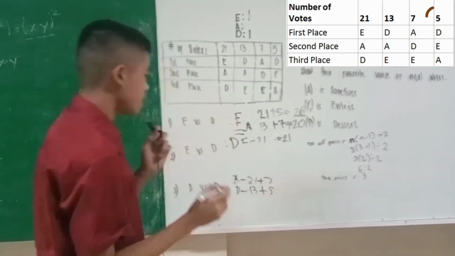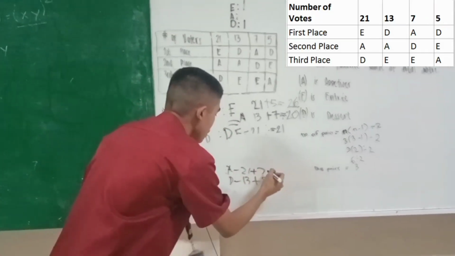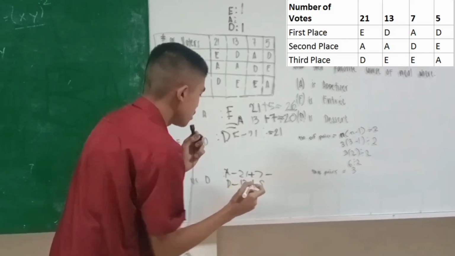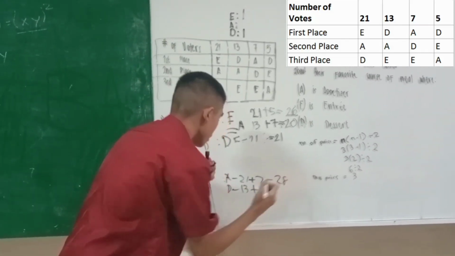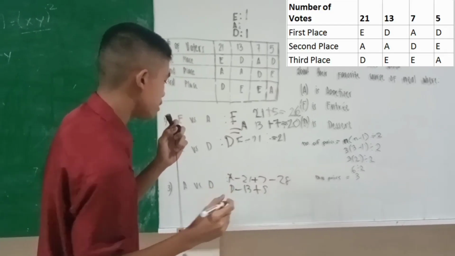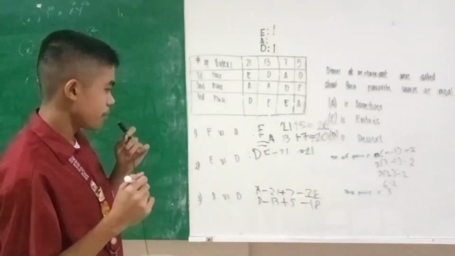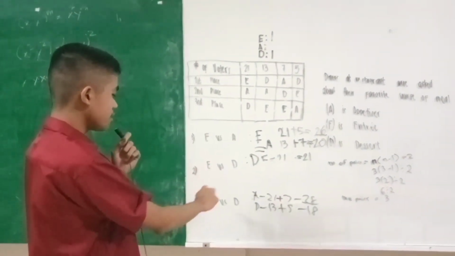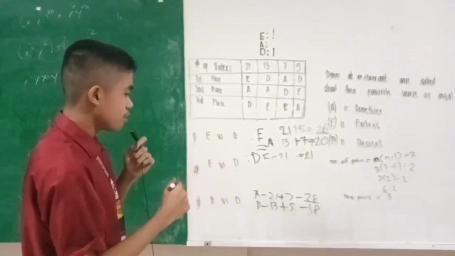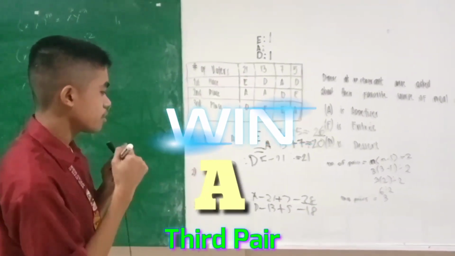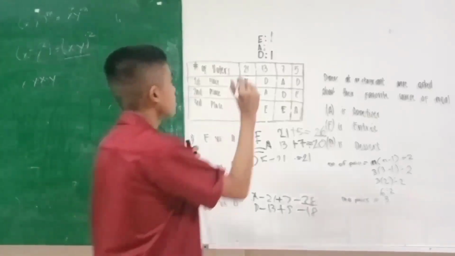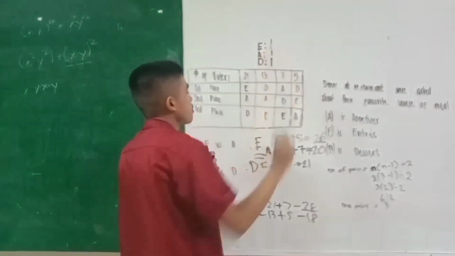So we sum up: appetizer 21 plus 7 is 28, and dessert 13 plus 5 is 18. So in this pair, the appetizer is the winner. The appetizer got 1 point.